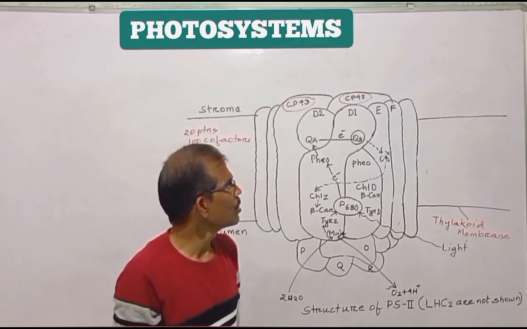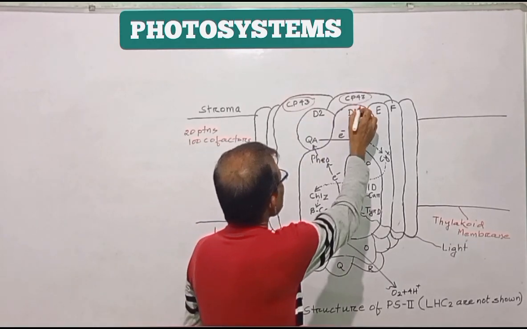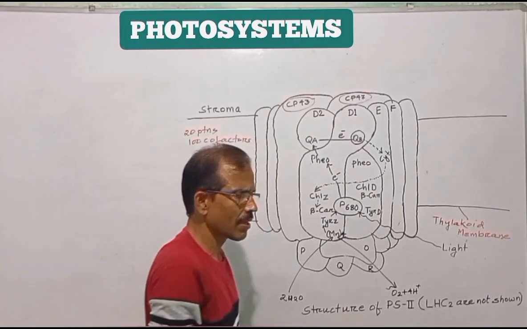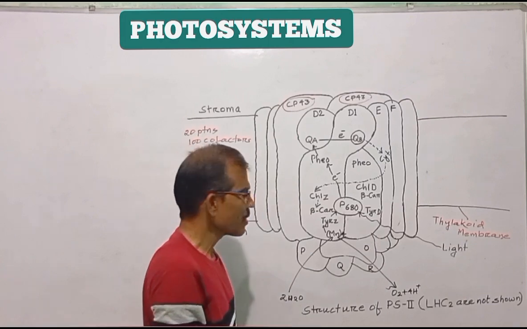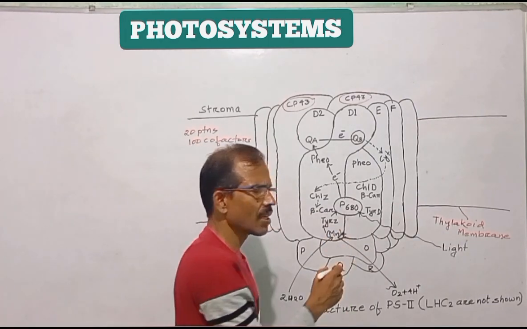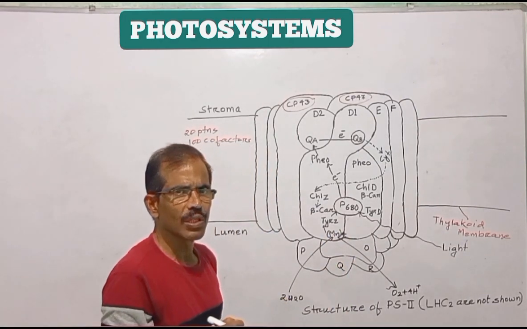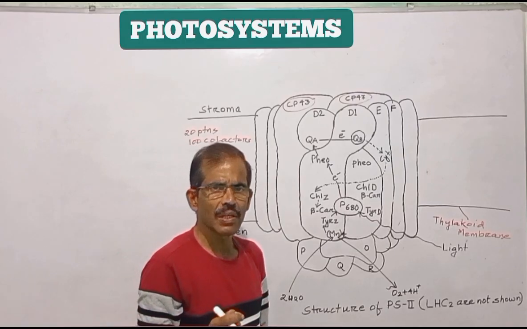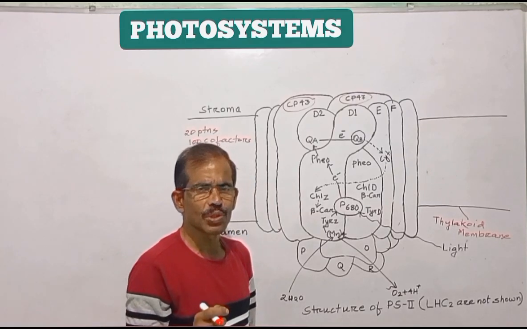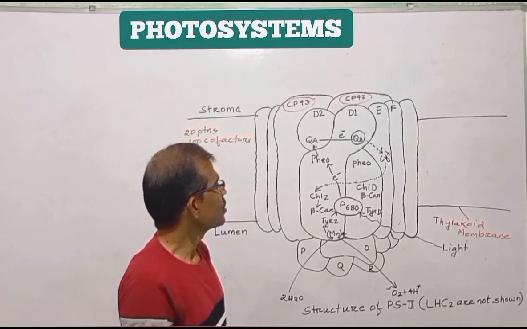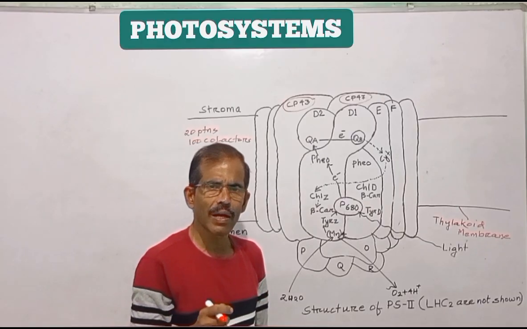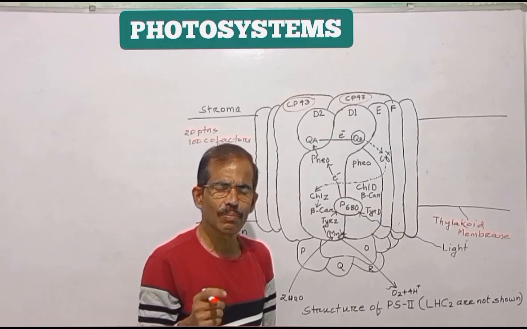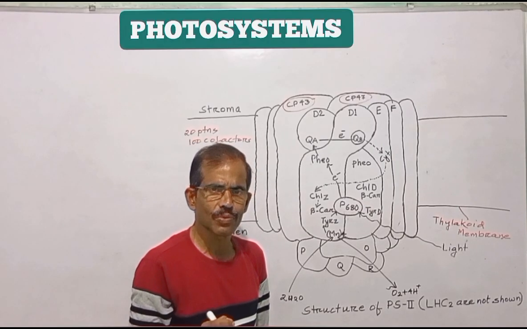In addition to this, CP43 and CP47 also remain attached to the oxygen evolving complex, OEC, which is a cluster consisting of 4 manganese, 1 calcium and 5 oxygen atoms.